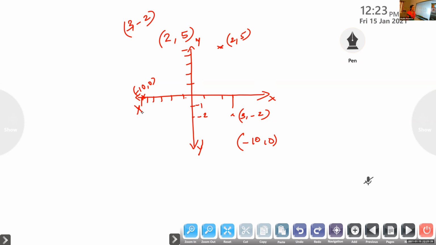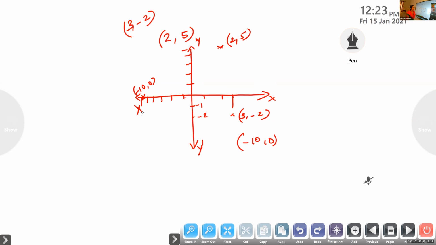To every complex number, we can assign a point in the Argand plane. In the Argand plane, we will take two axes. Instead of the x-axis, we call this the real axis, and y we take as imaginary.